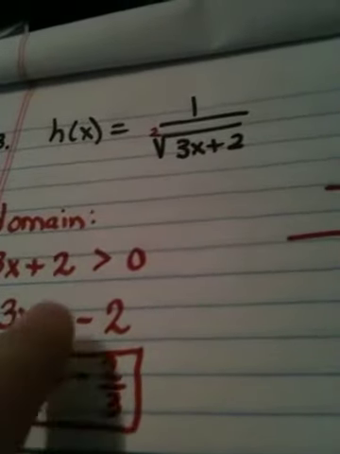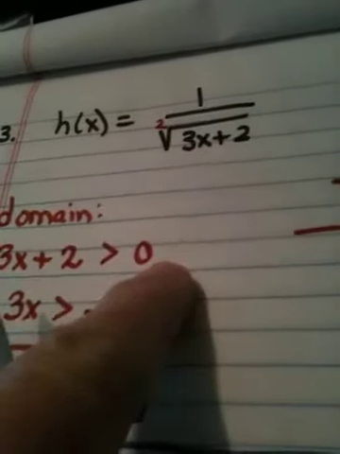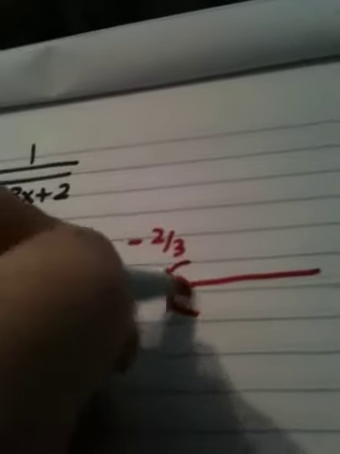There was no equals because equaling 0 would have caused a problem. So we shade off in this direction, which is heading toward infinity. And when I write my answer, it's paren, not bracket, paren negative 2/3, comma, infinity.